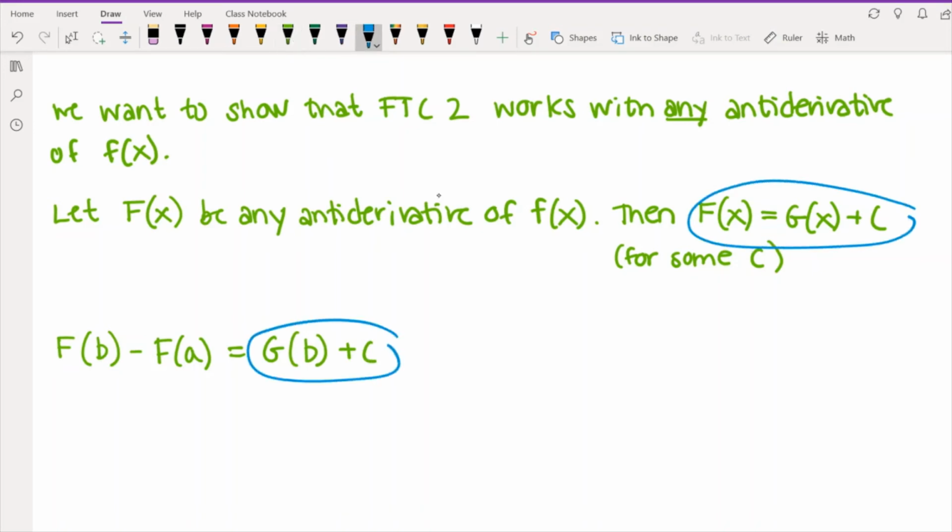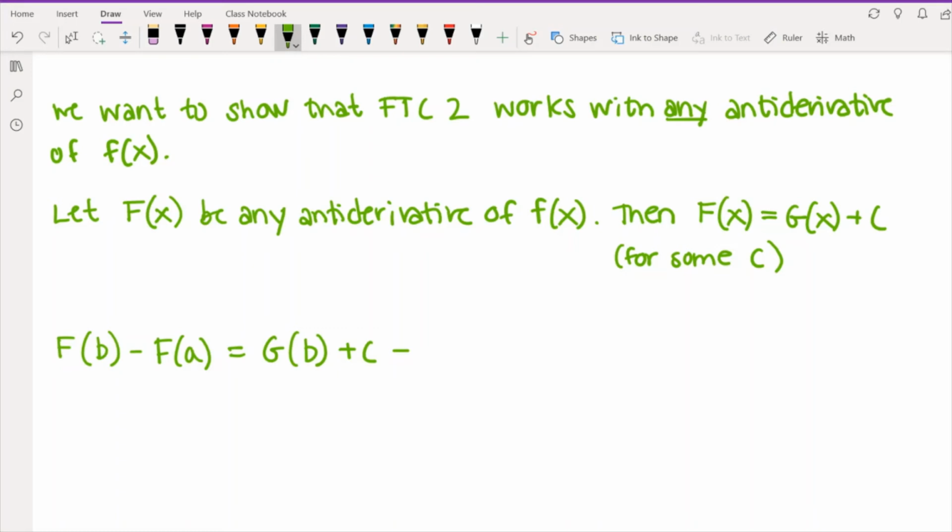So based on that fact, we can rewrite F of b as G of b plus c. And then for F of a, similarly, we can write that as G of a plus c. And so this simplifies, and just like what happened in that earlier example, it's a really similar idea. These constants cancel out. And so we're left with G of b minus G of a.